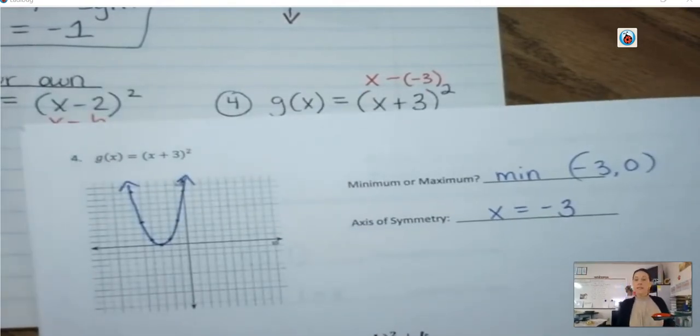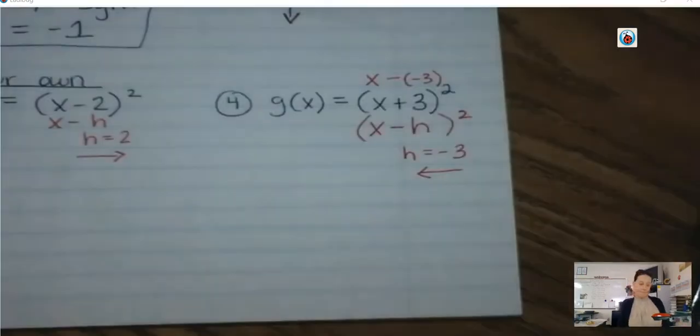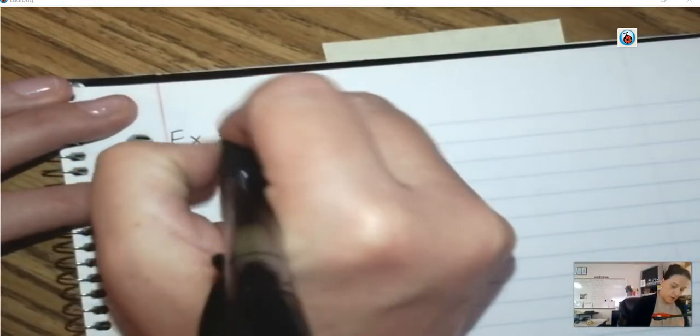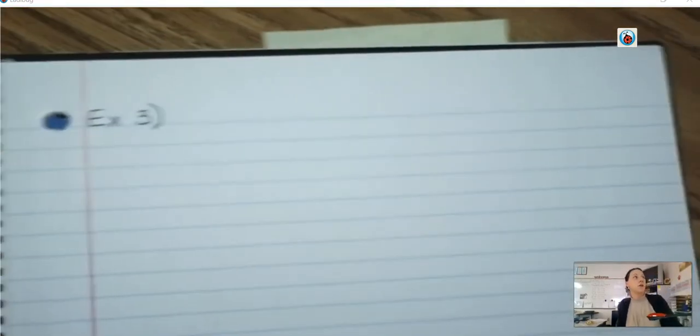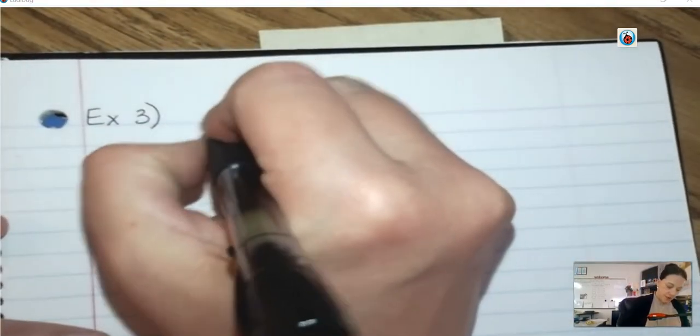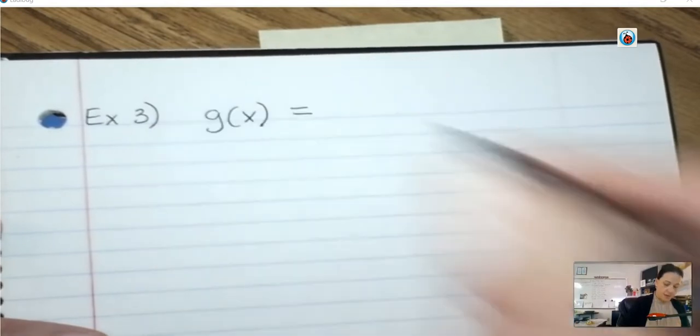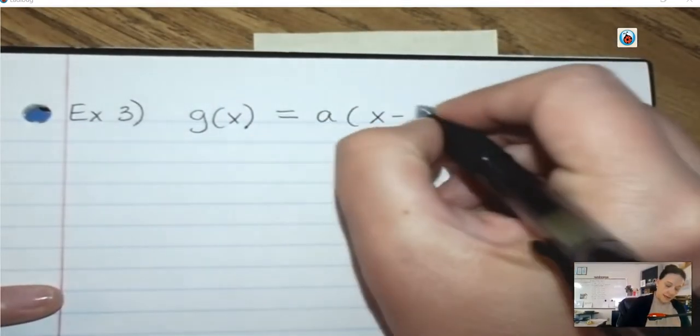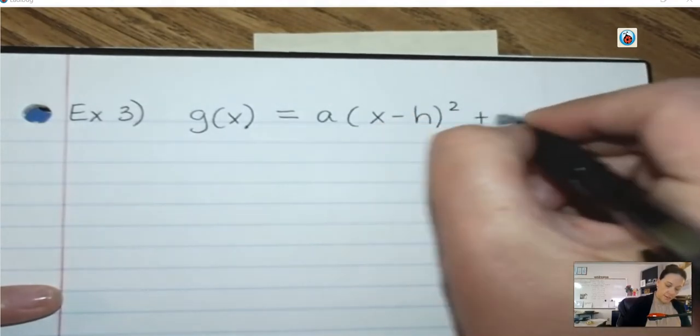Okay, we're going to go on to the last example then. Example 3 is going to be using vertex form. So vertex form is g of x, or y equals a times x minus h squared plus k.